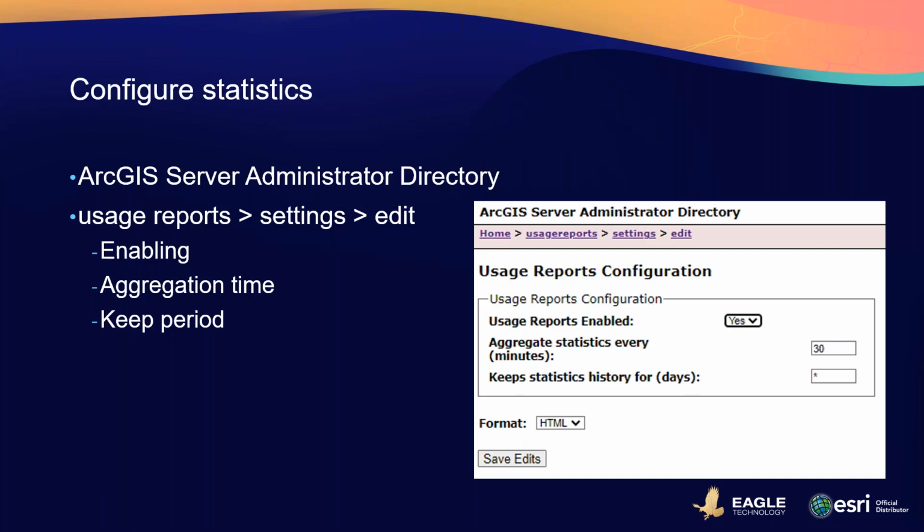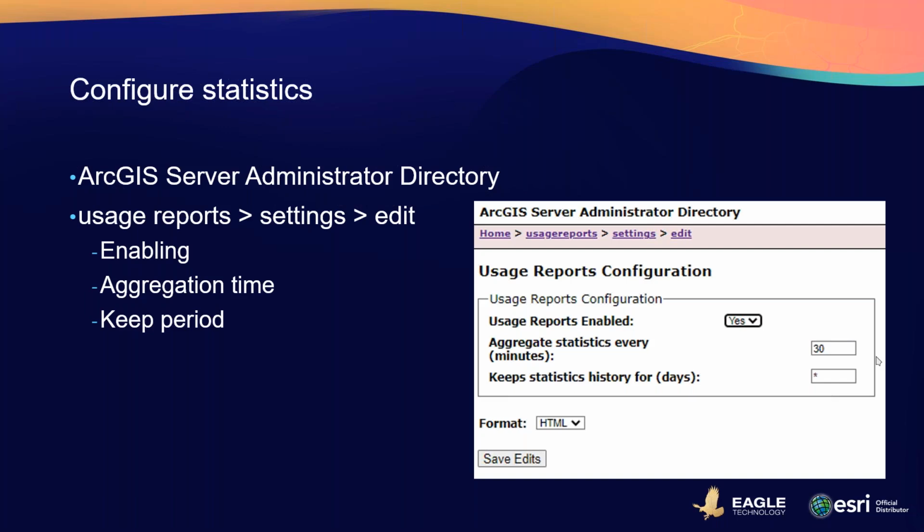Also, the statistics that are collected are kept forever by default, but if needed, again, we can change it to any number, and that will be the number of days that we keep these statistics for. So this is what comes out of the box with our ArcGIS Enterprise, more specifically ArcGIS Server.